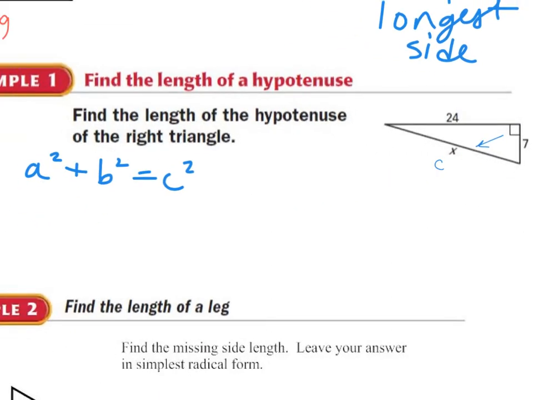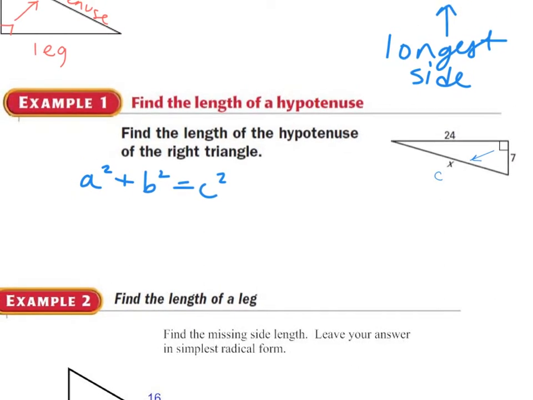So let's substitute into the equation. We've done this a lot of times. So we'll put 7 for A, 24 for B. And you can either leave C as C or you can put it as X. I do not care.